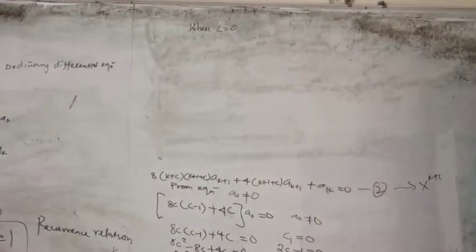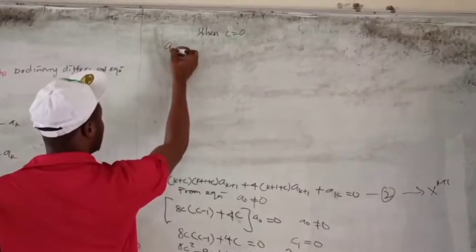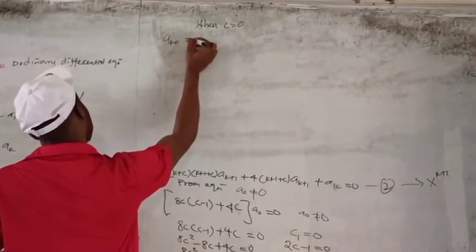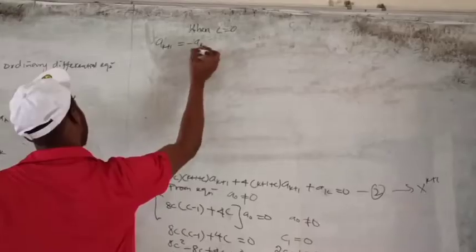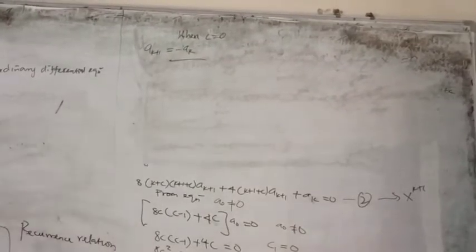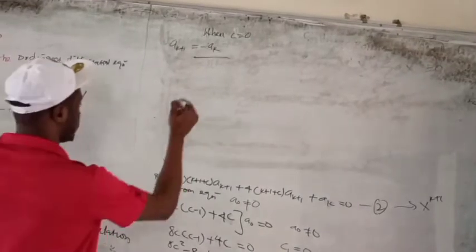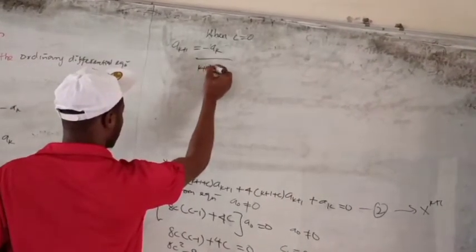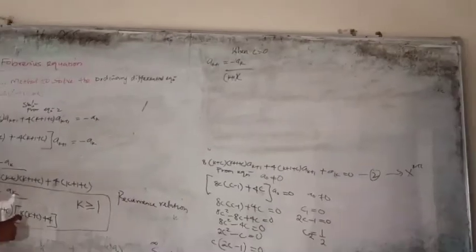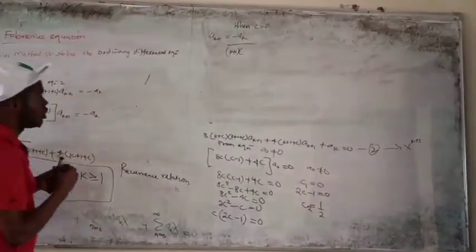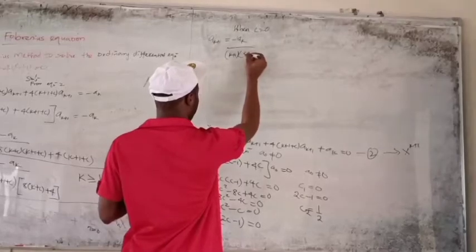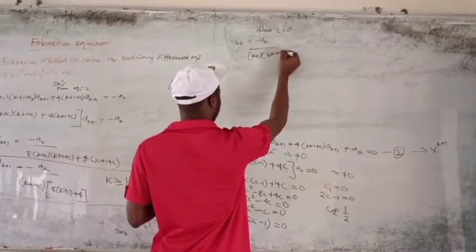So I have a subscript k plus 1 is equal to negative a subscript k divided by, of course, c is 0 here, so I have k plus 1, and in the next bracket, I have 8k plus 4.